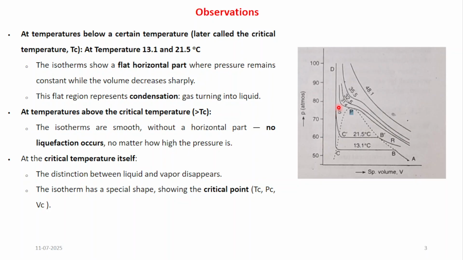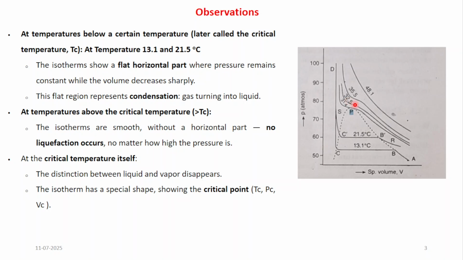Then at one particular temperature, close to 31 degrees, he observed it was getting converted to liquid, and this was the last temperature. Because when he increased the temperature from 31 to 32 degrees, even if he increased the pressure very high, the gas was not getting converted to liquid.